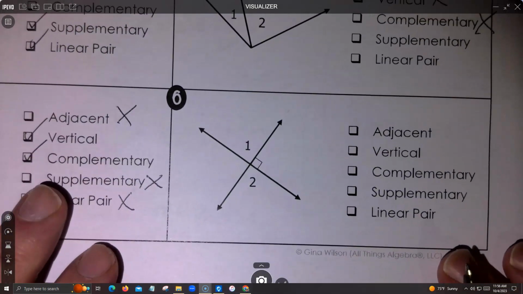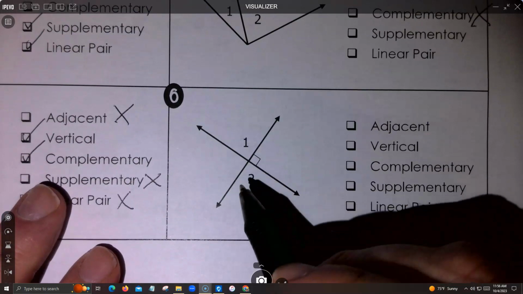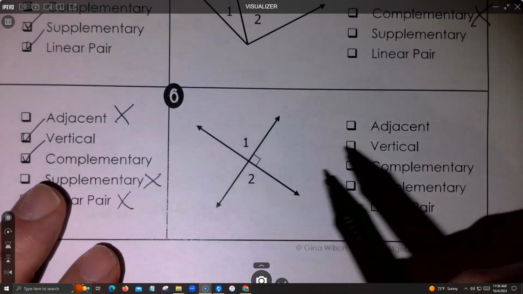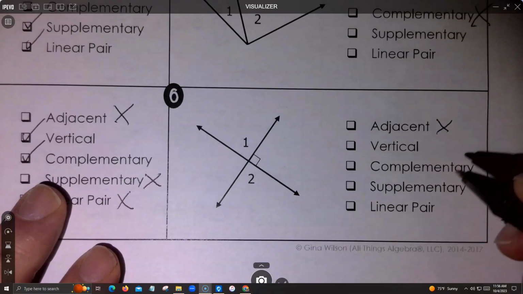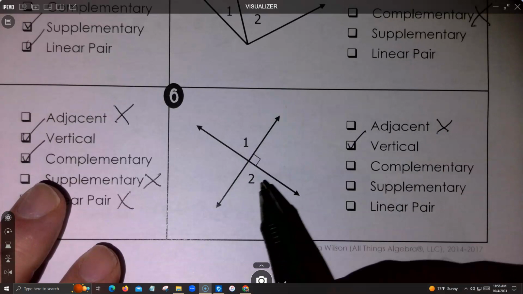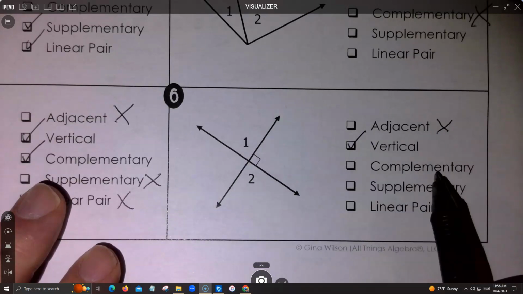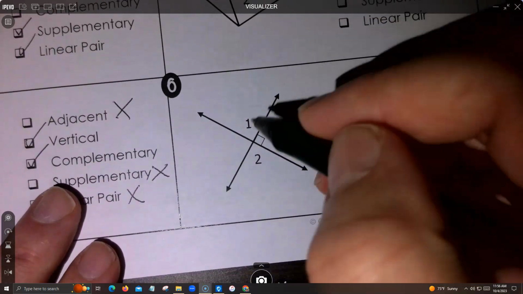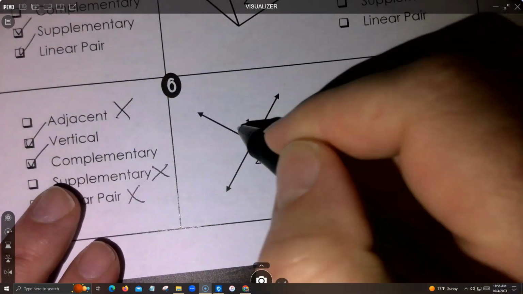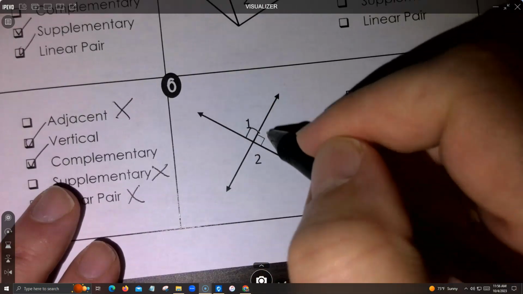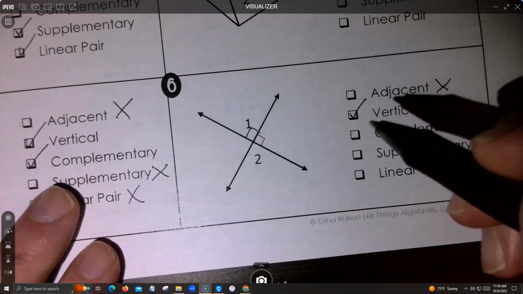Okay, last one. Are they adjacent? Do they share a common side? No. Are they verticals? Yes. Again, these guys are across from each other, so they're verticals. Complementary. Now, if this is 90, then this would have to be 90 because this is a straight line, which means this is supplementary. So 90 plus 90 is 180.